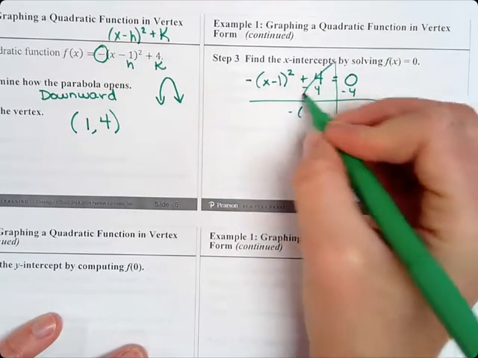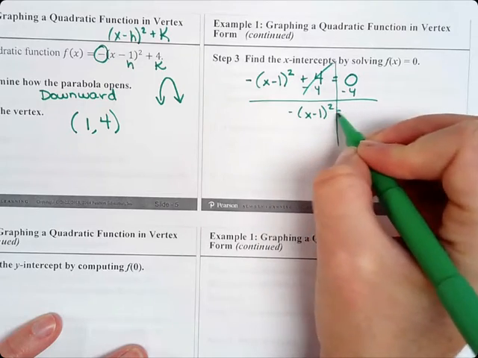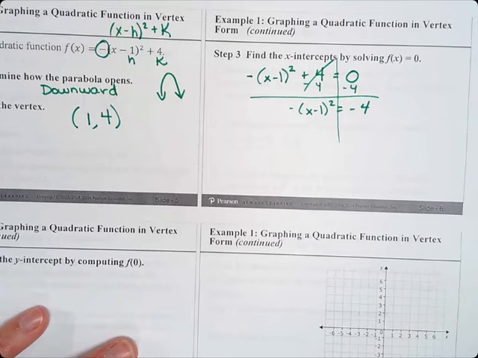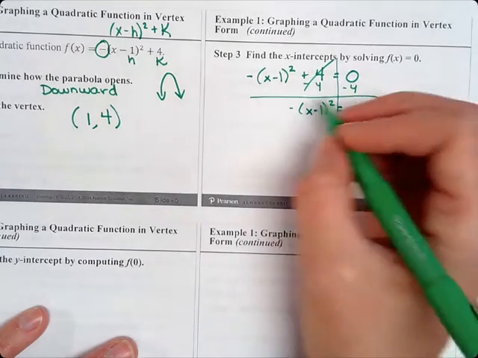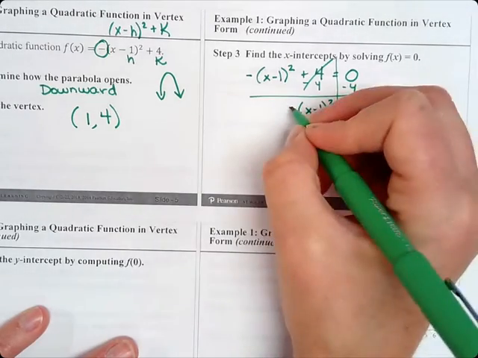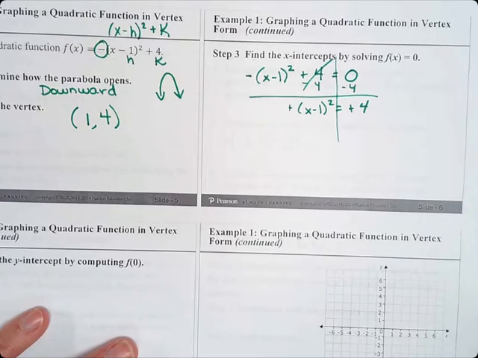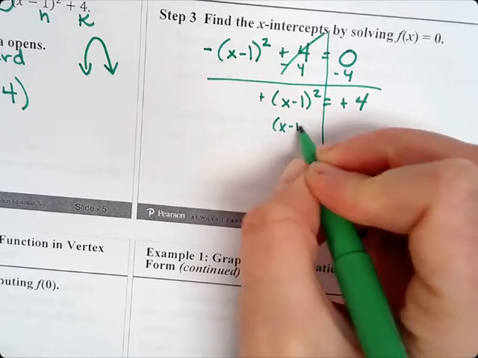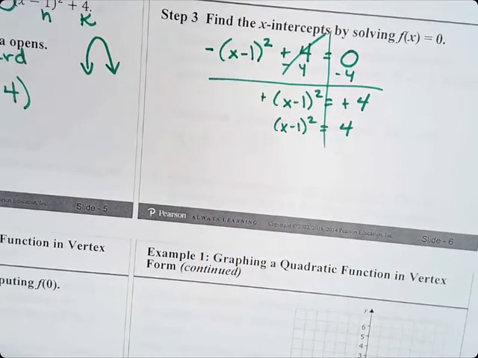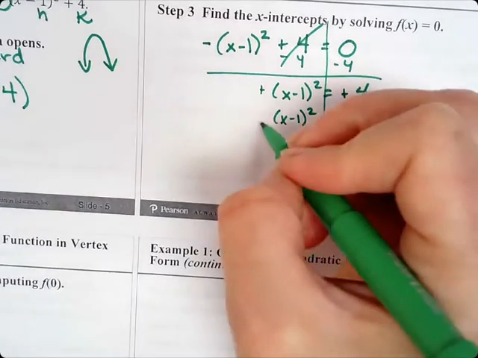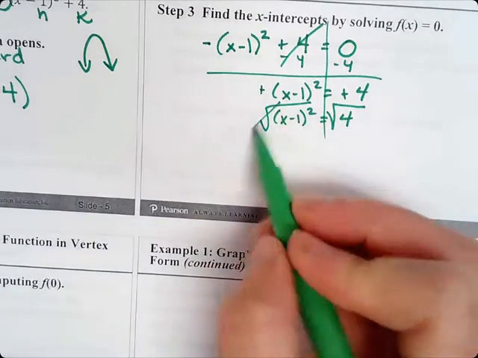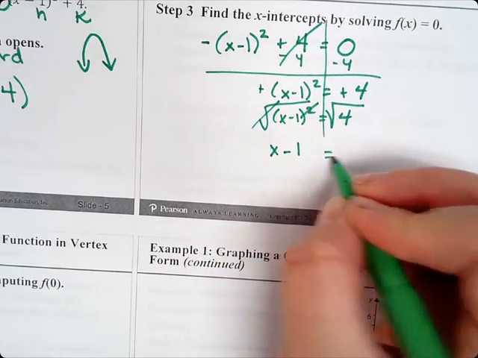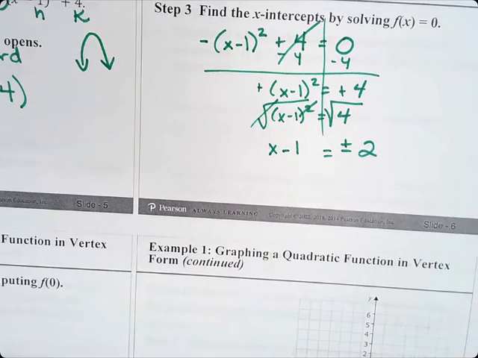We have negative parentheses x minus 1 squared equals negative 4. Then to get rid of the negative, we can divide by negative 1, which just changes those to positives. And so we have x minus 1 squared equals 4. Square root it on both sides. Squared and square root cancel, leaving us with x minus 1 equals plus or minus 2.